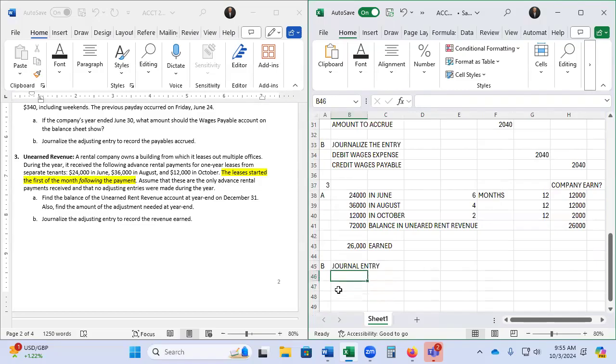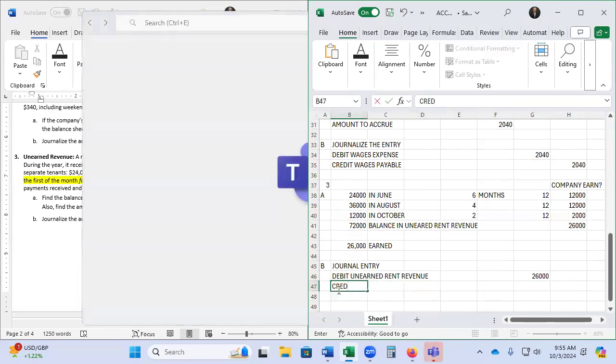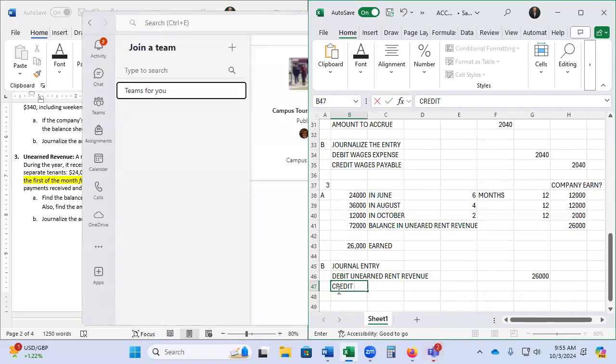Okay, so the journal entry is going to be a debit to unearned rent revenue for 26,000, and a credit to rent revenue for 26,000.